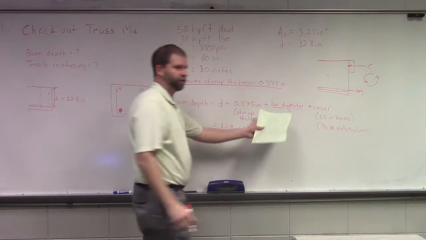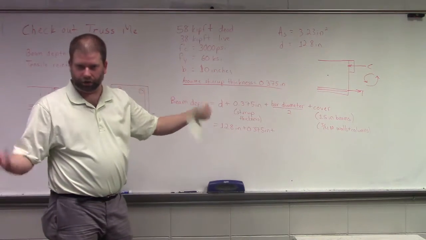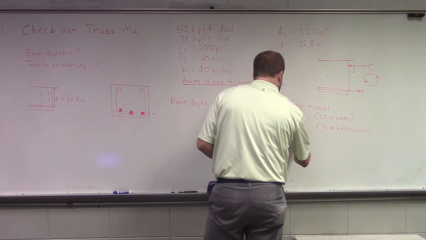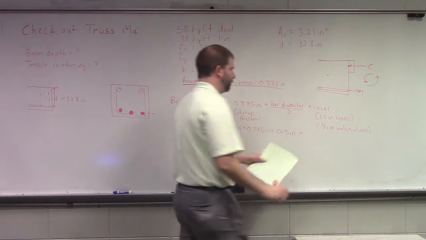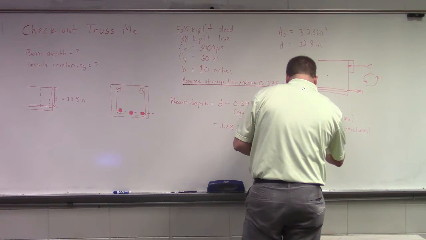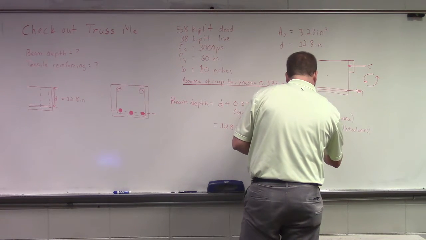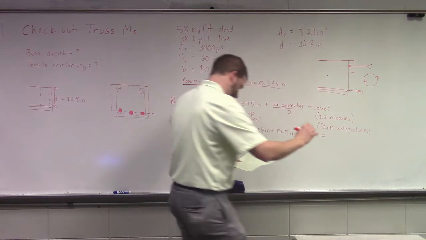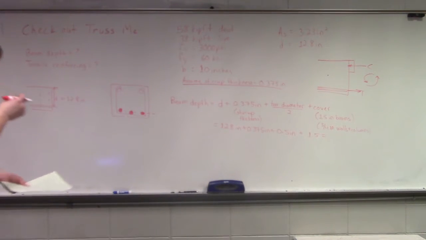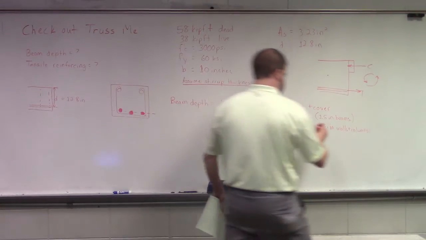And we'll say that we're just going to look at a bar diameter of 1 inch, okay? It'll make our lives easier. And we're dealing with a beam, so we need 1.5 inches for cover. Okay? So what does that calculate out to for everybody? 15.175. 15.175 inches.